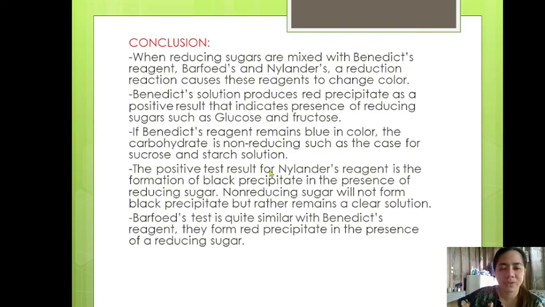The positive test result for Nylander's reagent is the formation of a black precipitate in the presence of reducing sugars. Non-reducing sugars will not form a black precipitate but rather remain a clear solution.